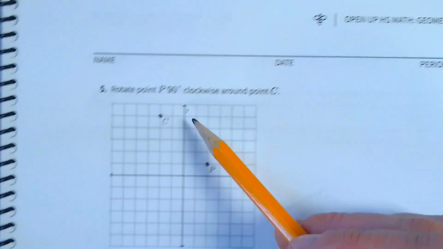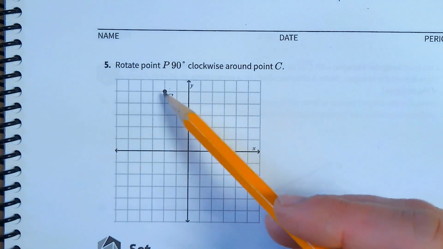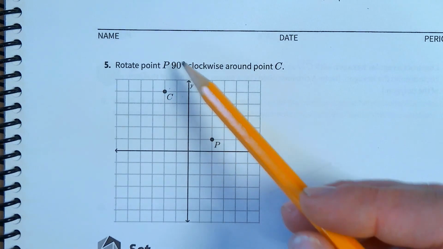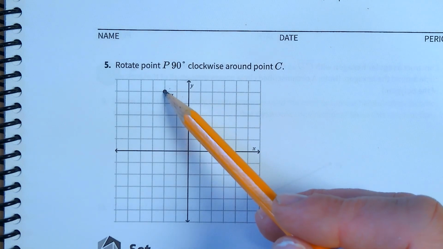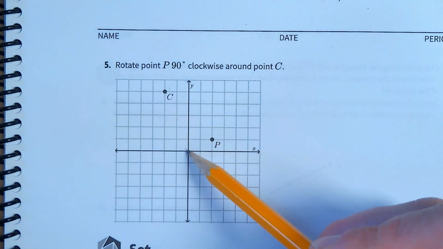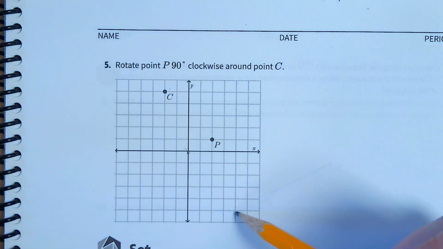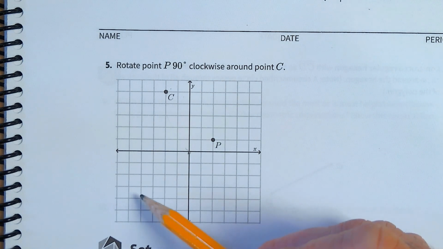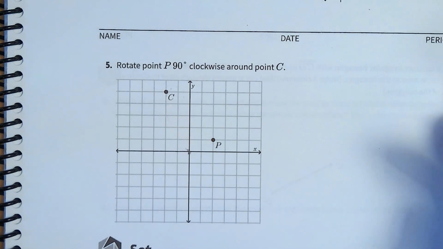I don't even know how to do this. I guess you could get a patty paper. Oh yeah, you could use patty paper, but you could also translate this point C down here and point P down to its corresponding place that it would get translated, then rotate it using the origin, which is easier, and then translate it back. I wonder what that would be like.